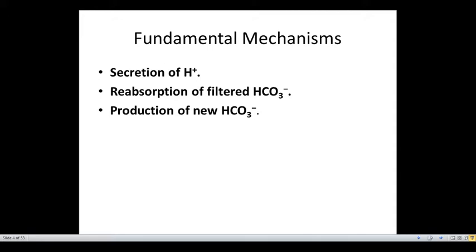a very important point to note at this juncture is that the kidneys regulate extracellular fluid hydrogen ion concentration through three fundamental mechanisms. Number one, secretion of hydrogen ions. Number two, reabsorption of filtered bicarbonate ions. And number three, production of new bicarbonate ions.